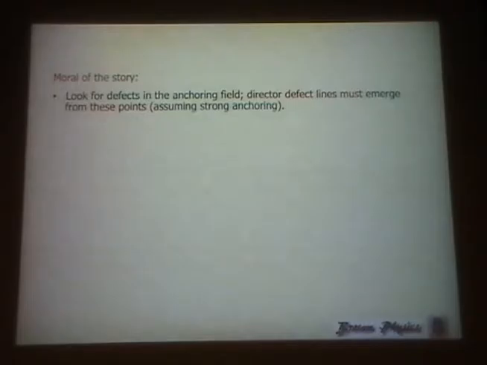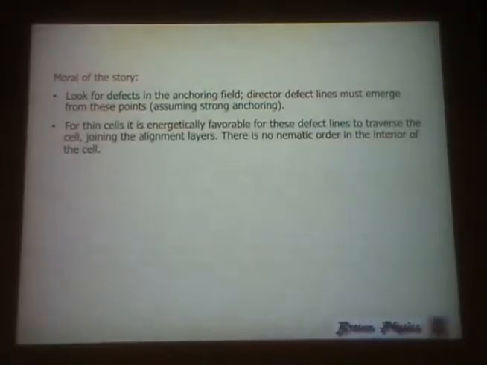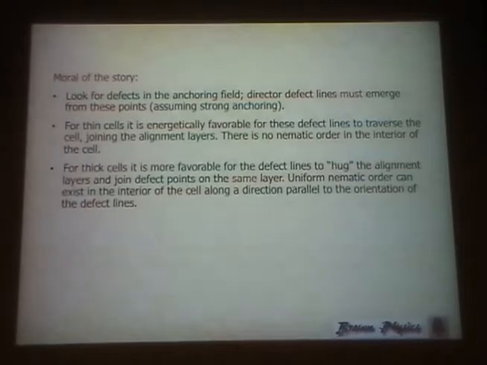And again, remember, one of the main points I made earlier was that if we've got those defects and we have strong anchoring, we've got nematic disclination lines emerging from those defects. Just energetically, that has to be true. Then, the whole point of the story was to distinguish thick and thin. For thin, it's energetically favorable for the defect lines to just go right through the cell and join the two layers.